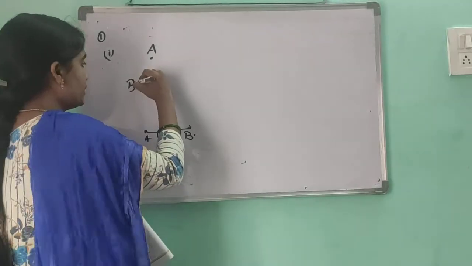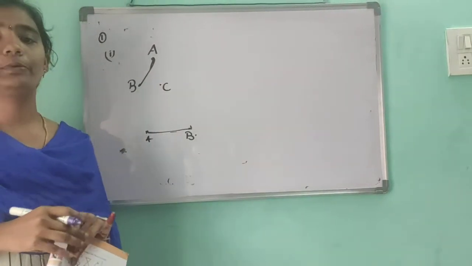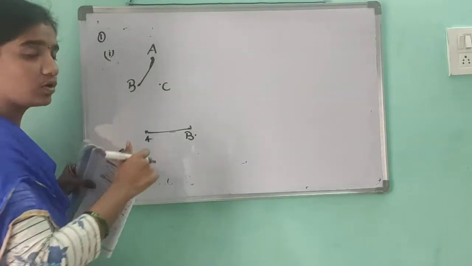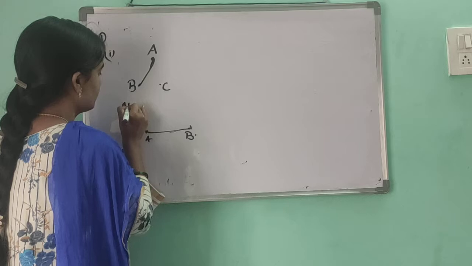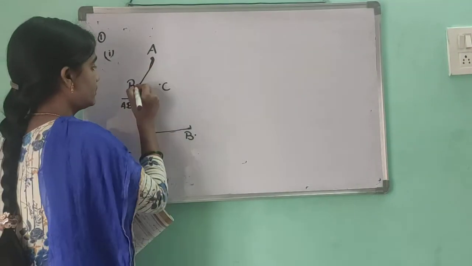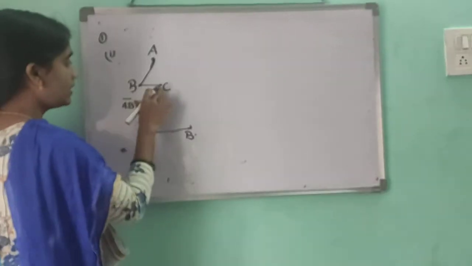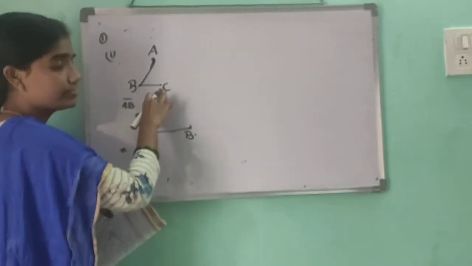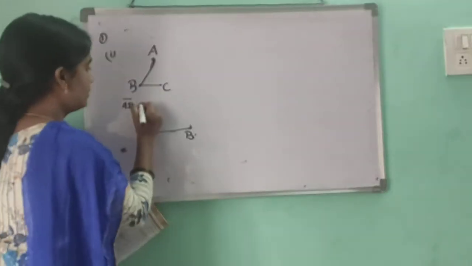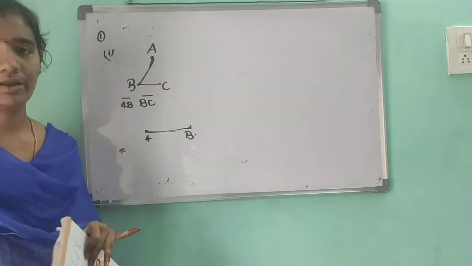Here A to B is a line segment, so AB bar. And coming to the next one, B to C is also a line segment. Why? Because B and C start with one point and end with one point. So BC is also a line segment.